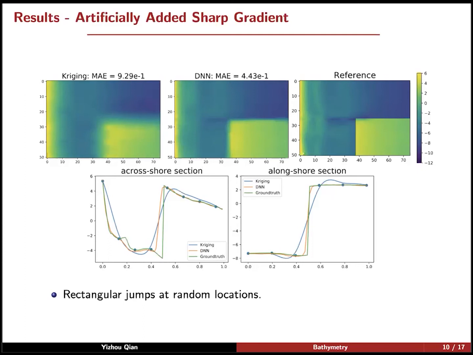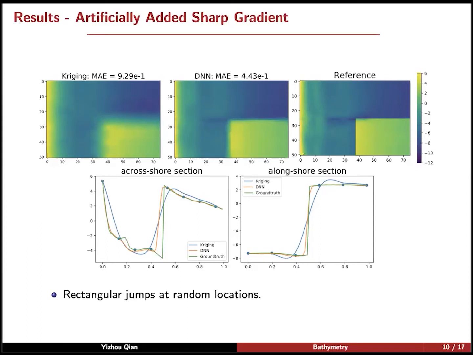The first reason for this phenomenon is that the deep neural network has better prior knowledge from its training data, because we added training samples with a sharp gradient component, whereas Kriging assumes a general Gaussian distribution in terms of prediction and prior knowledge.